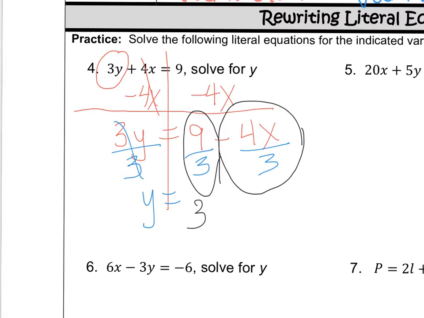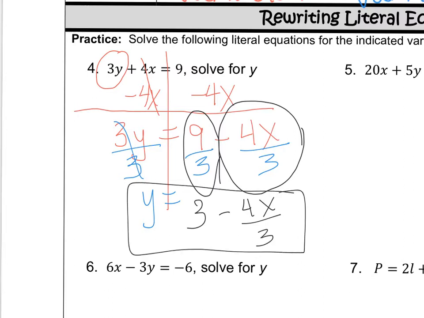And then we already know that 4 divided by 3 is going to make an ugly decimal, so we're going to leave it as a fraction. So negative 4x over 3. There's my answer. So same exact process. The only difference is when I got to my answer, I still had a variable, but I got my y isolated all by itself. So that's my solution.